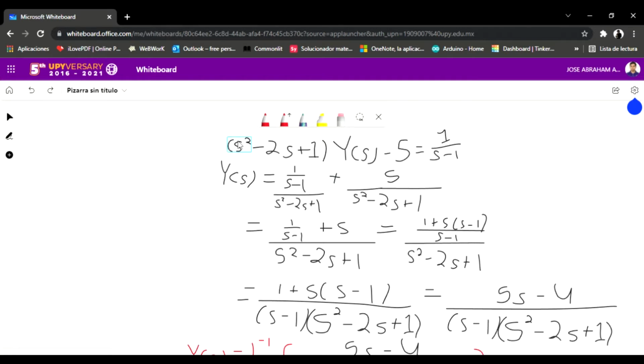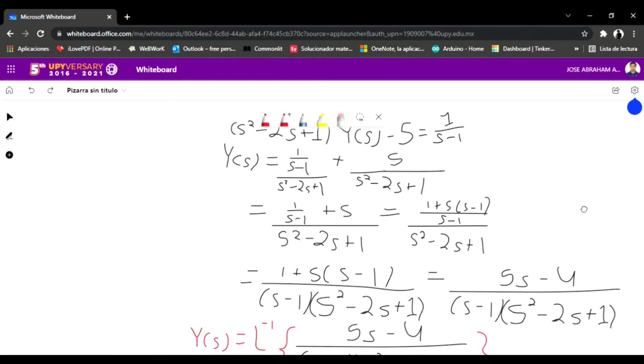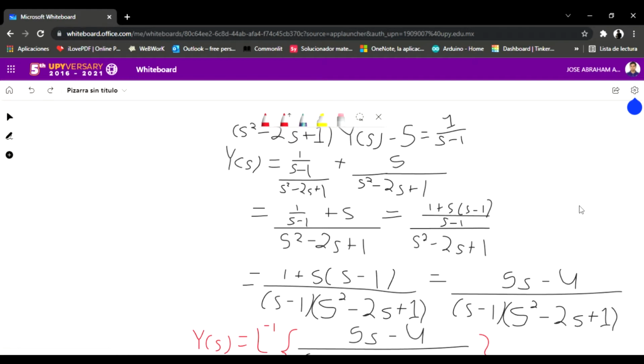And then we have the s squared minus 2s plus 1. As it multiplies on this side, it crosses the equation to the other side as a division. So we have all this equation here. And then to find the inverse Laplace transform of this equation, we can simplify the equation.